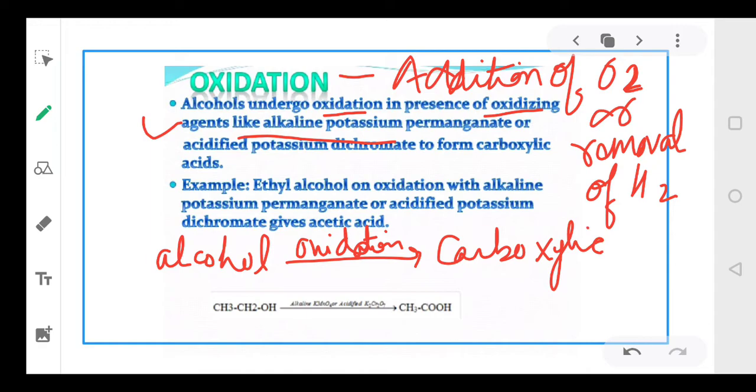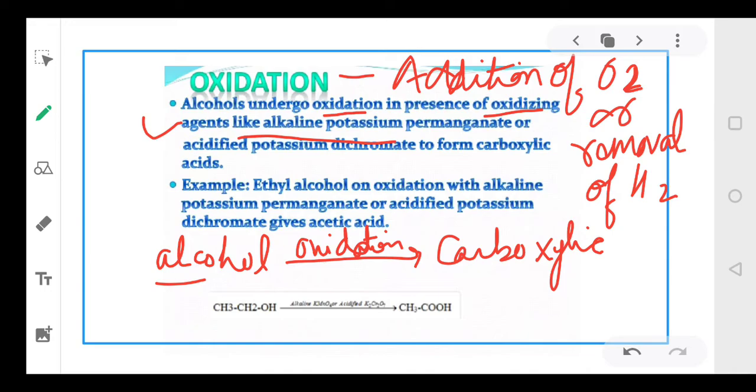This reaction will always occur in the presence of potassium dichromate or potassium permanganate.